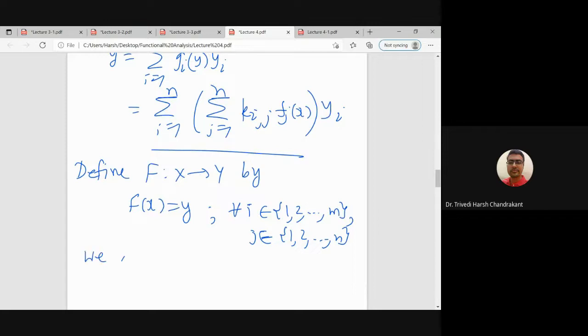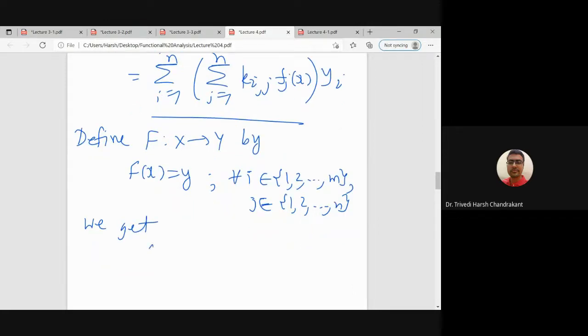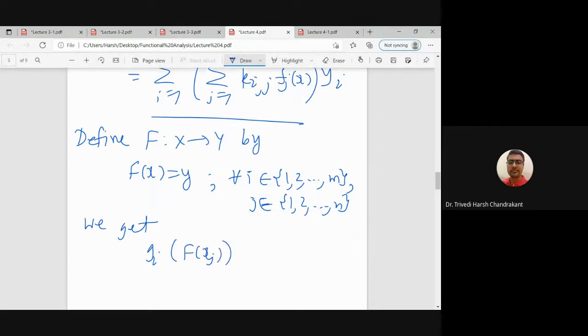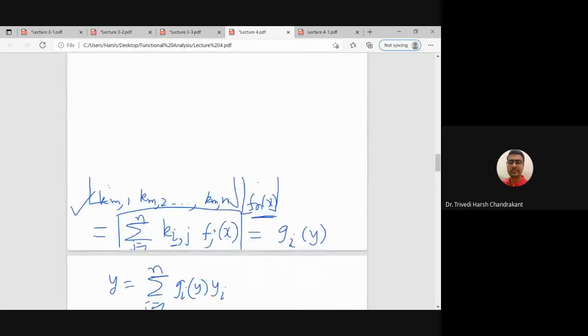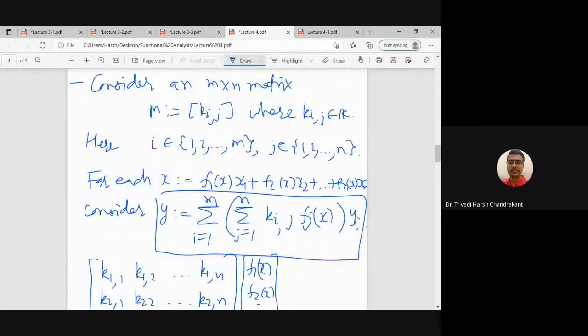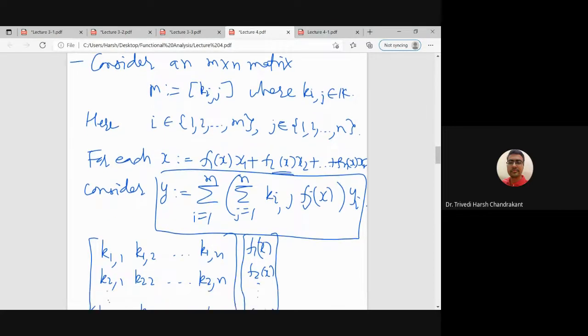We get gi of F(xj). So what is the ith coordinate of F(xj)? F(xj) means we know that if we take xj, then we get only the jth function, right? Depending on which xj we are taking.